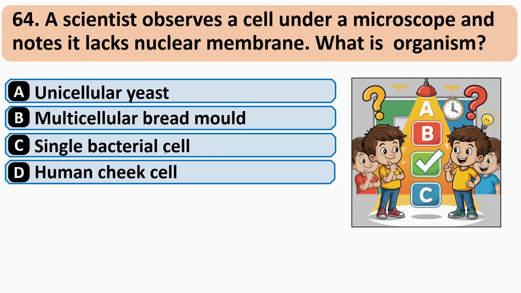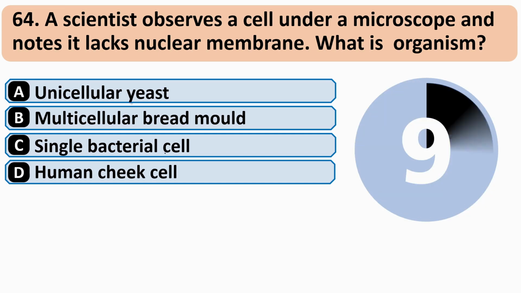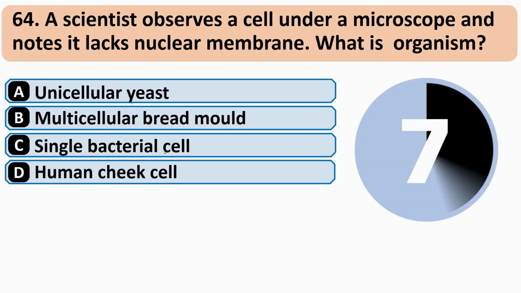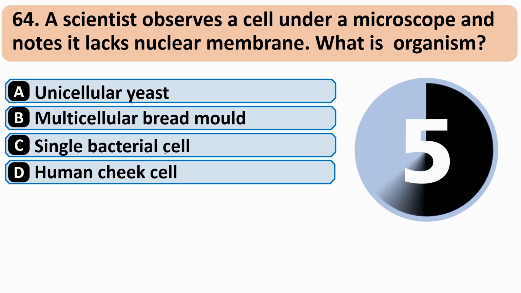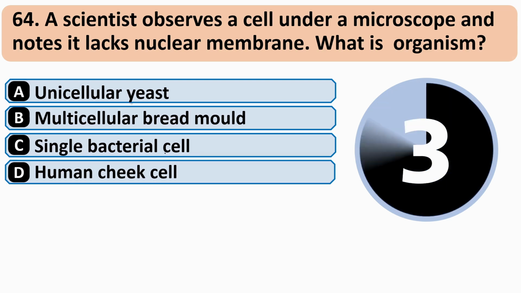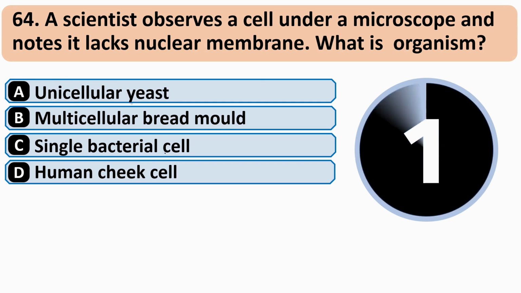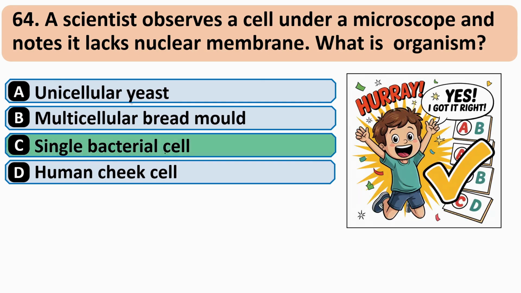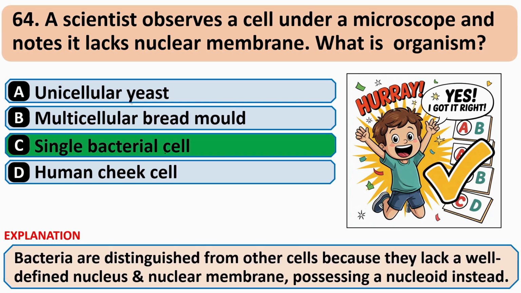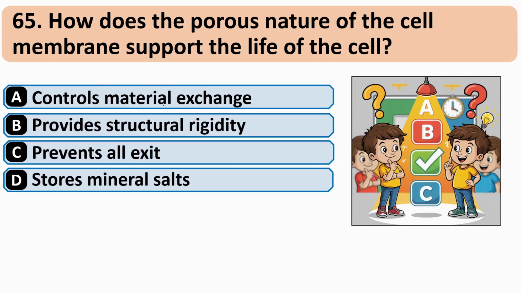A scientist observes a cell under a microscope and notes it lacks a nuclear membrane. What is that organism? And correct answer is C, single bacterial cell.